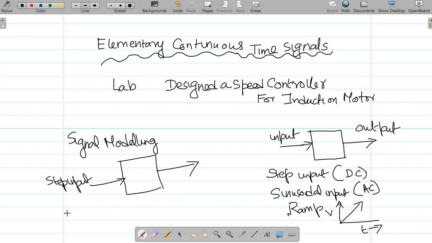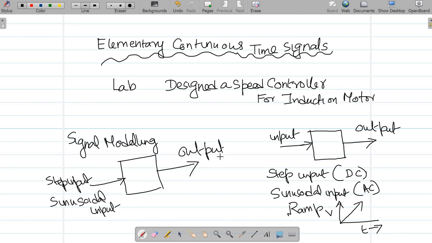A step input is nothing but a DC input. Again, sinusoidal inputs can be generated using oscillators and AC generators. So even before we develop the hardware, we develop the software model, test it, and find out what the output is.